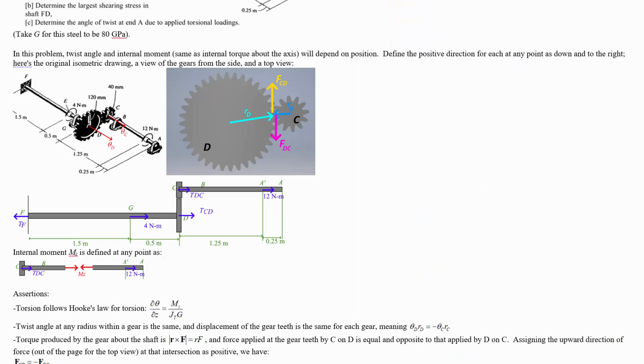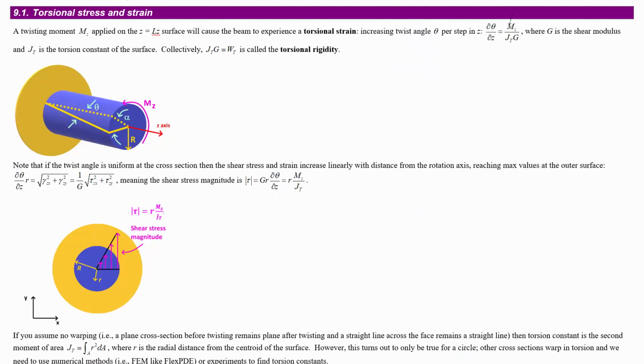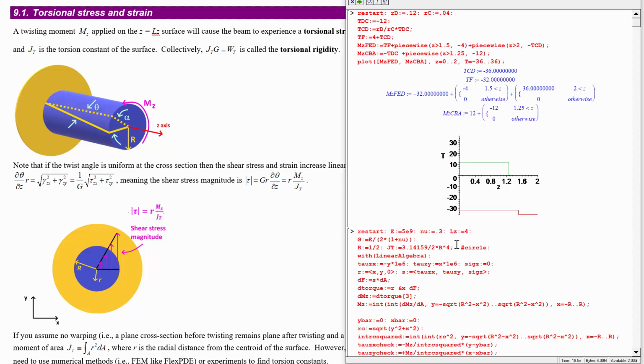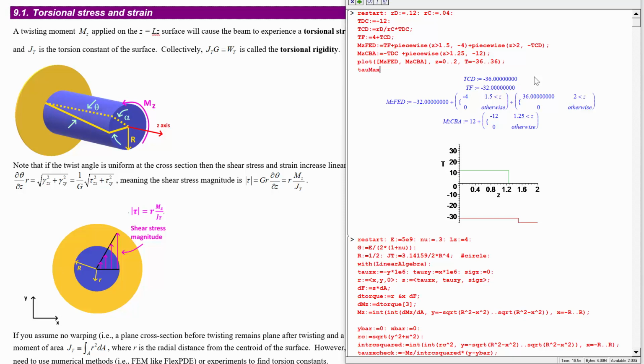This was all the way back in section 9.1, where we figured out that the magnitude of the shear stress is equal to G R del theta by del Z, or just the radius times the moment divided by the torsion constant. So we can say that tau max is equal to R times MZ over JT.